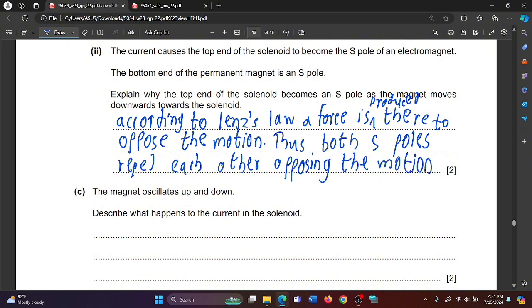So what I wrote is, according to Lenz's law, a force is there to oppose the motion of the magnet. Thus, both S poles, as the top of the electromagnet and the bottom of the magnet are S poles, the electromagnet is the solenoid, thus both S poles repel each other, opposing the motion.